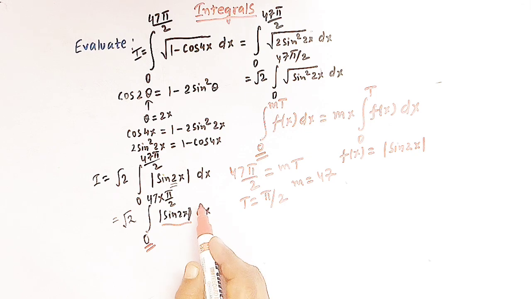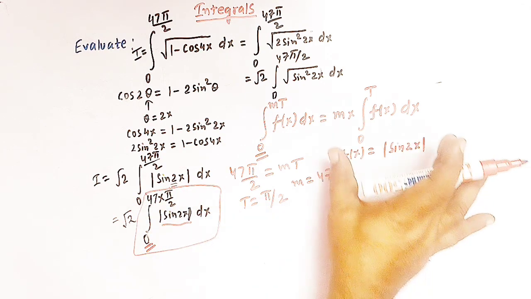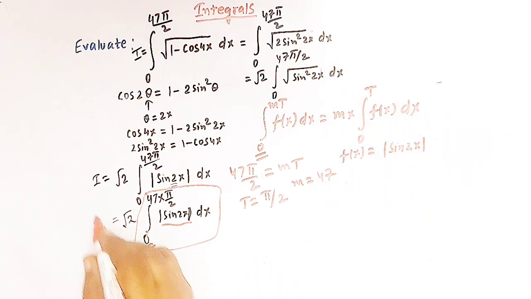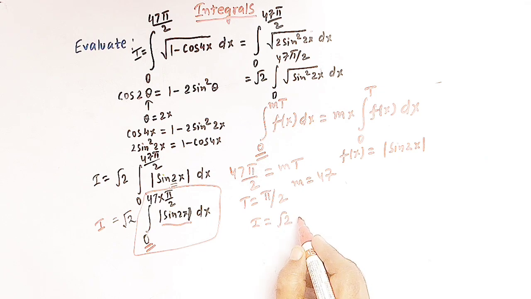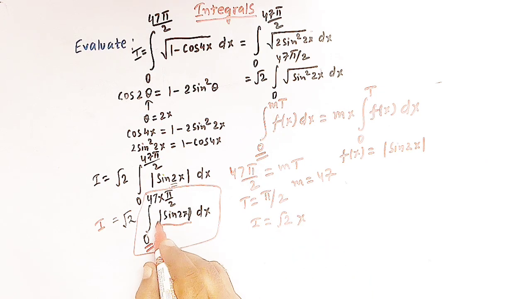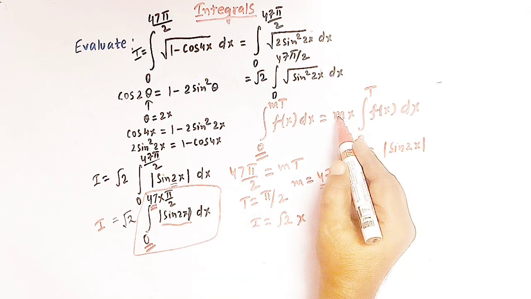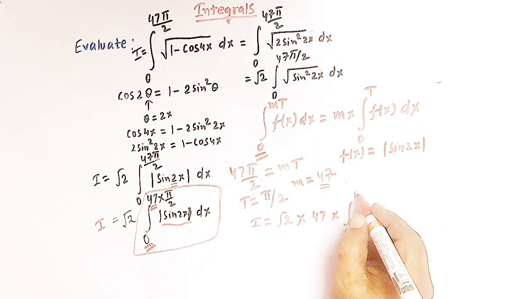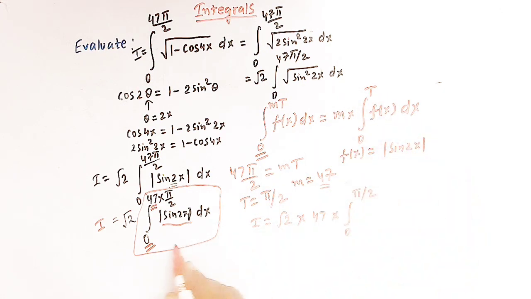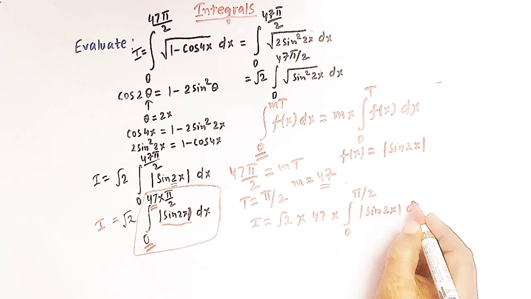So now the value of I is equal to square root of 2, times m, that is 47, times the integral from 0 to t, where t is pi by 2, and f of x is mod of sine 2x.